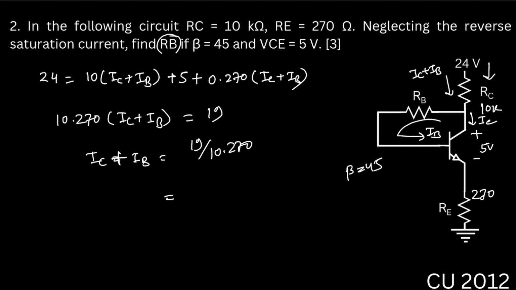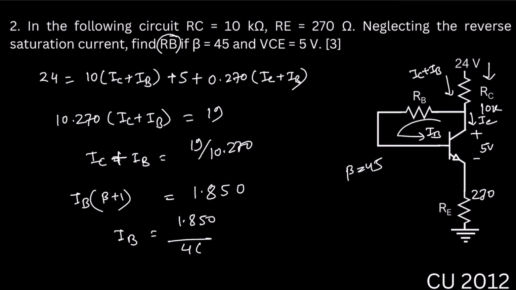This will be 1.850 and we know that IC equal to beta into IB. So we can write down IB into (beta plus 1). So IB equal to 1.850 divided by beta. Beta is 45. So this will be 40.21 microampere. Okay. So we already get the value of IB.